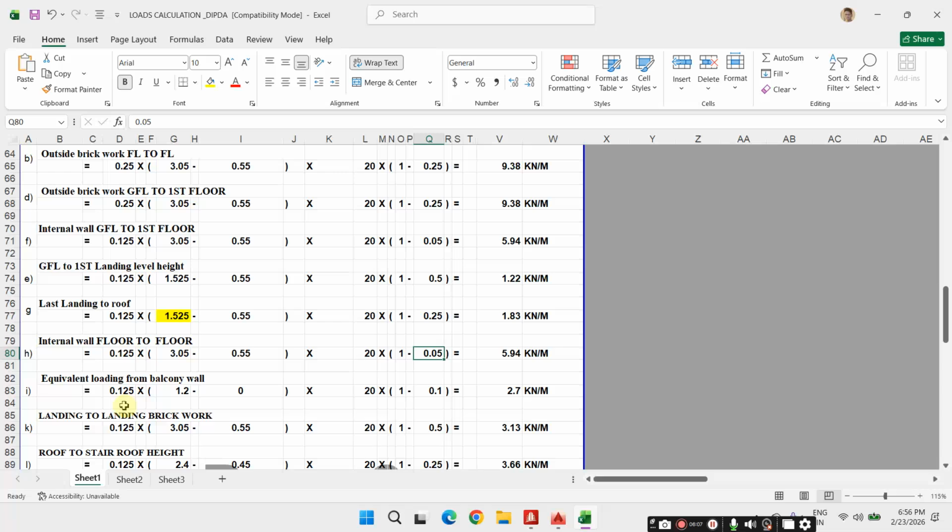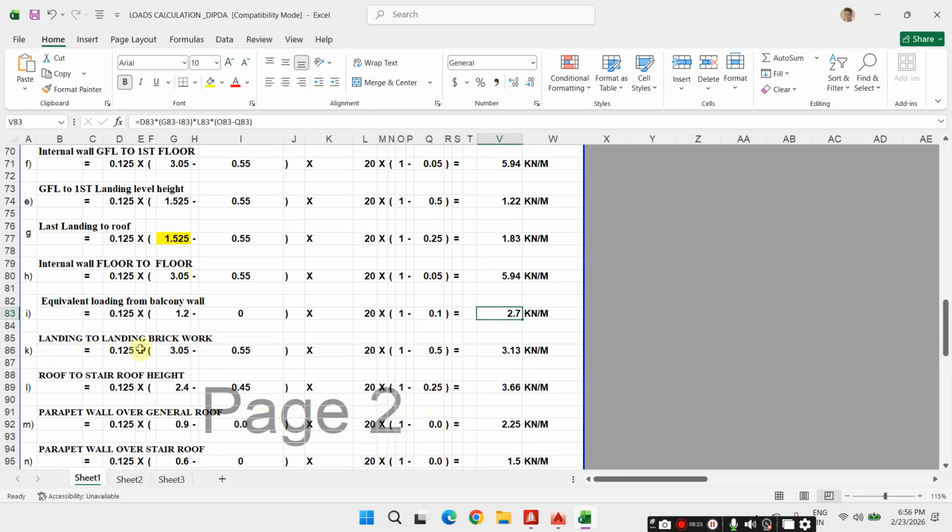Equivalent loading for balcony: 125 thickness and height 1.2 meter, and there is no opening considered, so 20. And landing to landing required, that is 50% opening, 3.3.